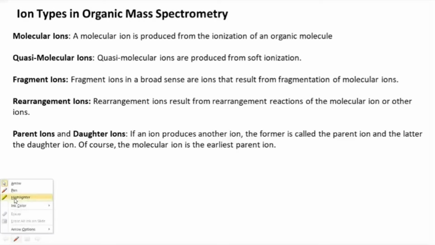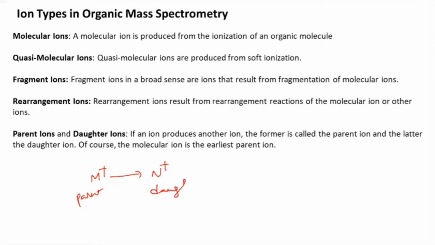So M plus is the ion, it gives N plus. This is the parent ion, this is the daughter ion. Don't ask me why it is called a daughter ion and not a son ion. The daughter ion can in turn produce another ion, which is how it goes.